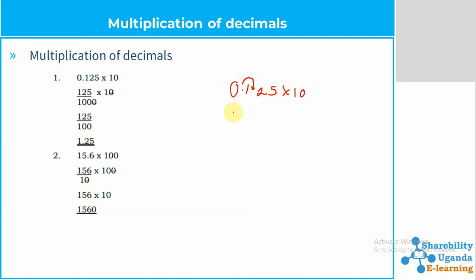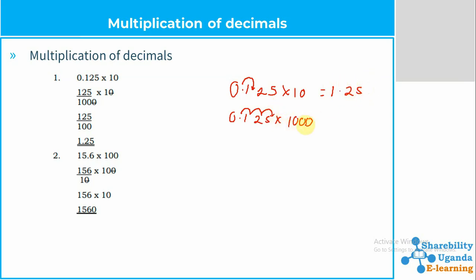If it was 0.125 times 1,000, we would move our point once, twice, the third time. When we move it the third time, our point moves three places, so we get 1.25, and that is our answer.